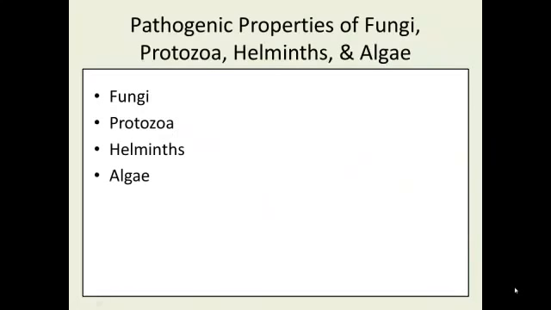Now let's talk about pathogenic properties of fungi, protozoa, helminths, and algae. Since we've been talking an awful lot about the bacteria, we've talked about the viruses. Fungi cause damage by causing allergic reactions, and also by producing toxins. So they're kind of like the bacteria in that way. They produce exotoxins, which can damage the host.